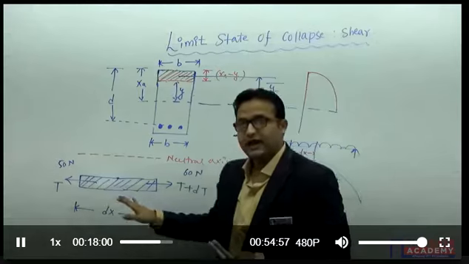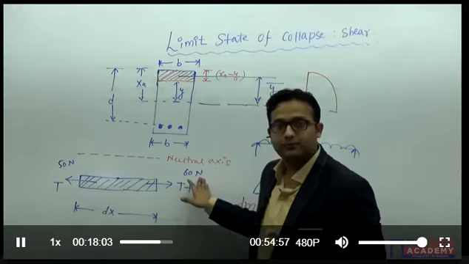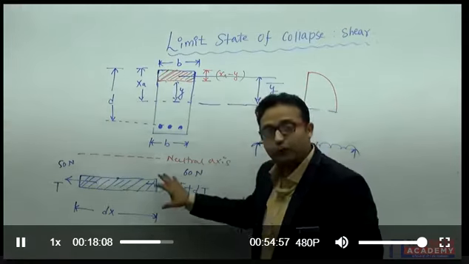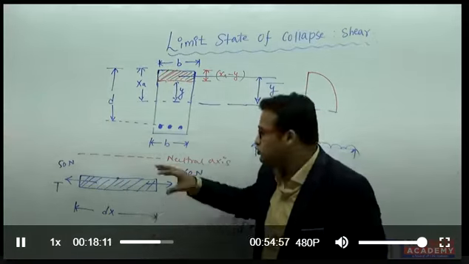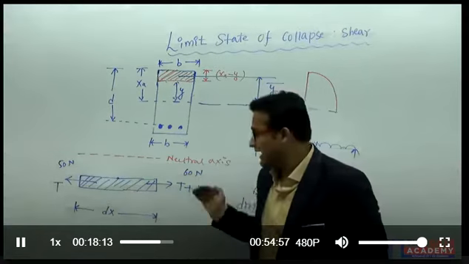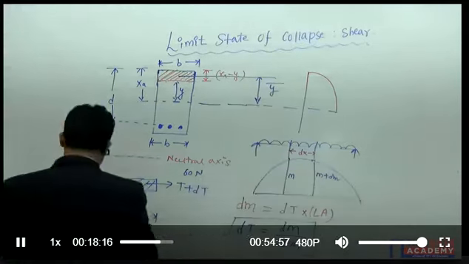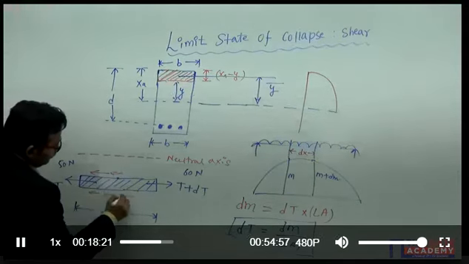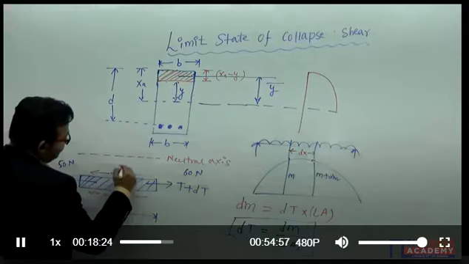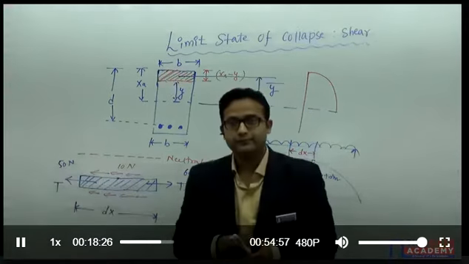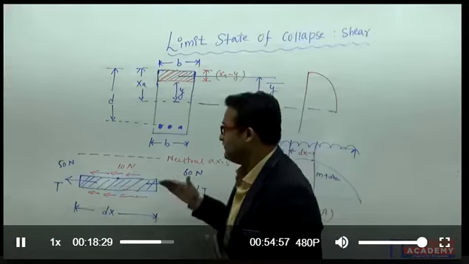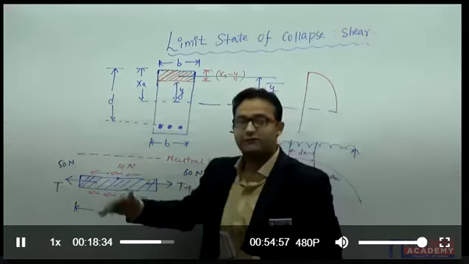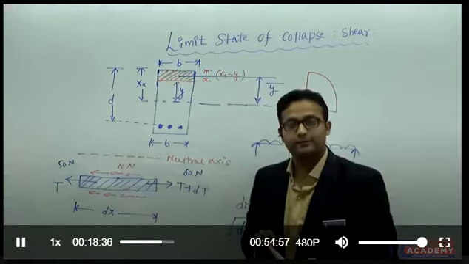In this situation, I want to make it in an equilibrium condition. So one stress will act in this direction, which will take you 10 Newton. If the 50 Newton is acting in this direction and the 60 Newton in this direction, one more force of 10 Newton will act in that direction.